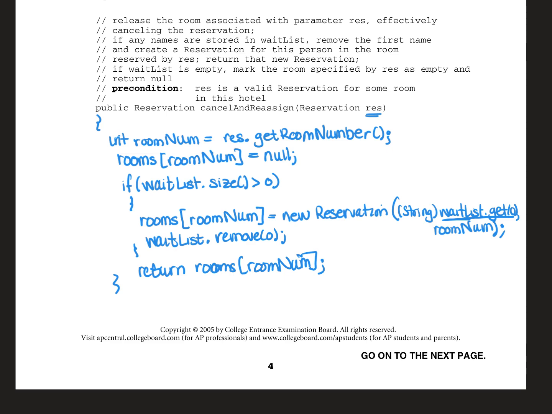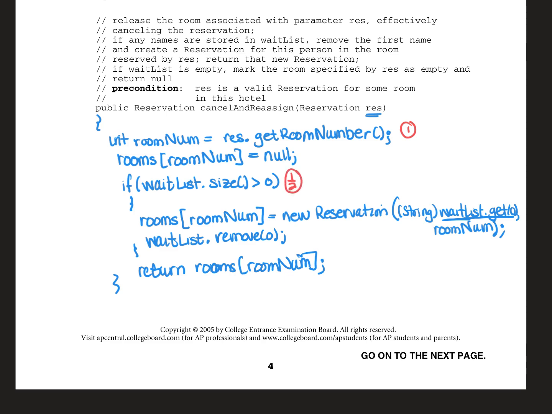So how was this scored this year? On the second part, you get 1 point for looking up the room number, which would be right here. You get a half a point, which they don't do anymore, to make sure that's the null reference, or setting it equal to null. I'm sorry, test if the wait list is bigger than 0, so that's going to be your half point over here. Checking for the null reference of that, making sure it's not empty.